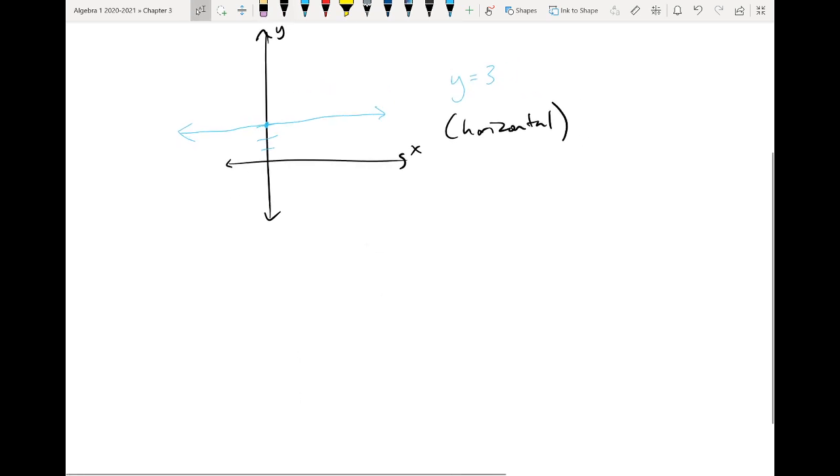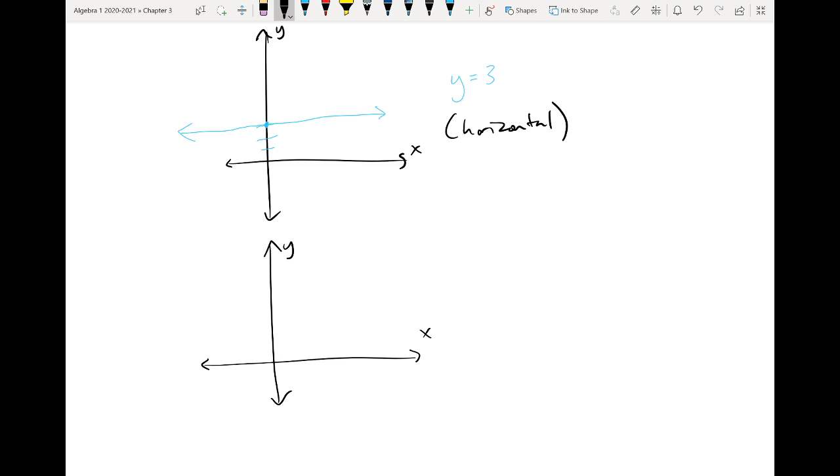Versus the following. Let's say that we have another coordinate plane here, and let's say we have x is equal to 3. So x equal to 3 is going to wind up being a vertical line. Watch this. It's going to go 1, 2, and 3 on the x-axis.